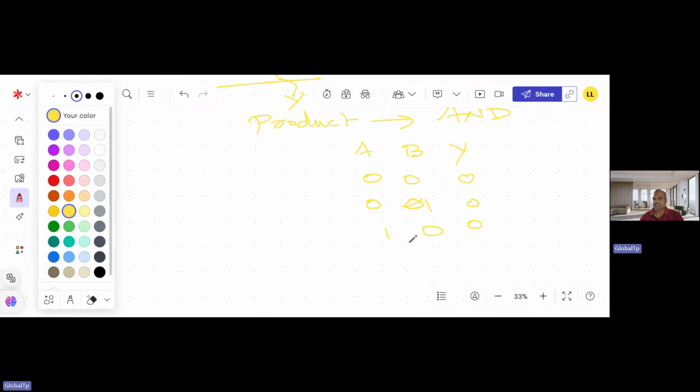This is called the AND operation. Whenever both A and B are high, the output is 1. That is why the gate is called the AND gate.